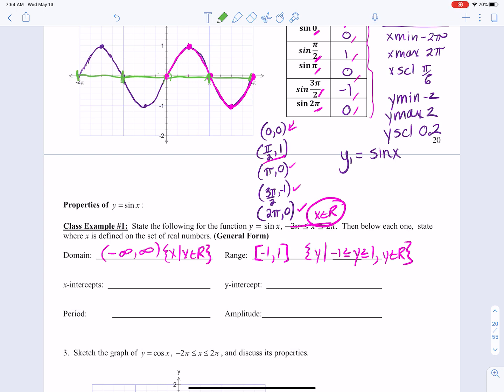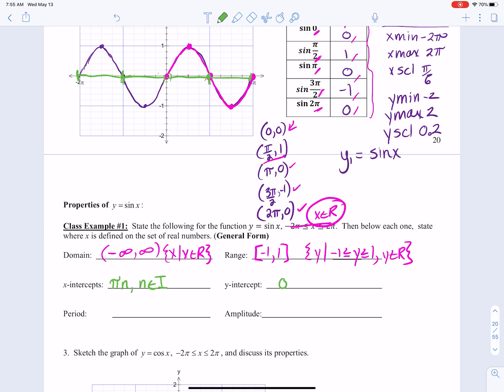So I'm going to indicate that as pi times n, and n is an element of integers. So we can put in any positive or negative whole number, and that will multiply it by pi, and that will give us the x-intercepts. Y-intercept, there's only one, and that's at 0.